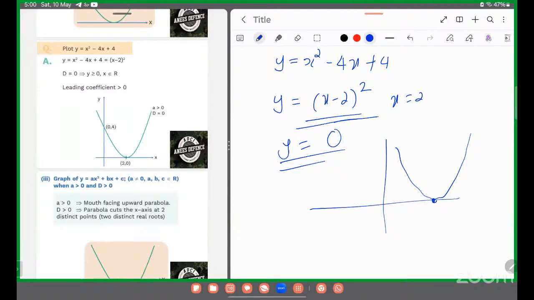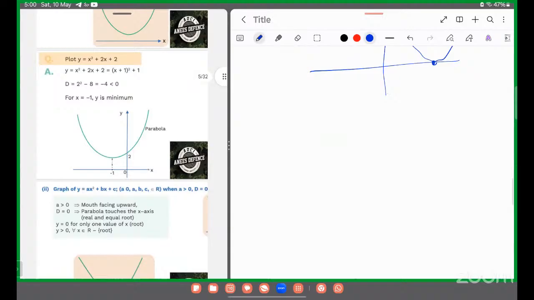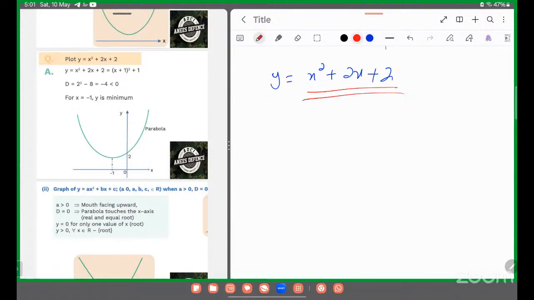So another example you can see, y equal to x square plus 2x plus 2. Here what you have to do is complete the perfect square. That means this is actually not in an algebraic identity form. So you can write it like this: y equal to x square plus 2x plus 1 plus 1.